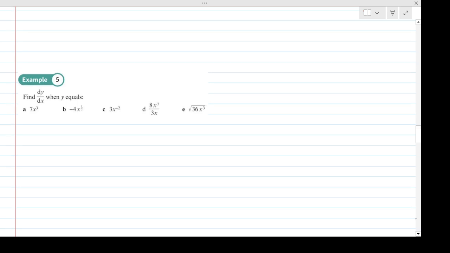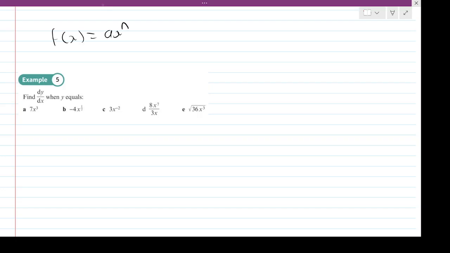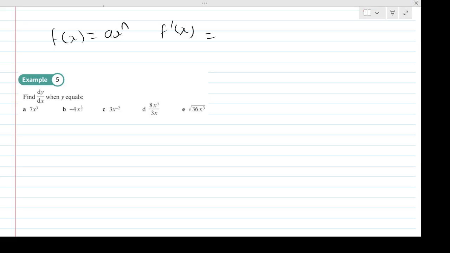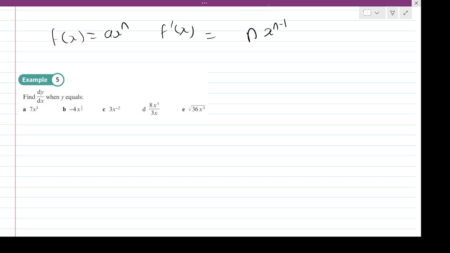Now, 2 things to note. First of all, if we have a coefficient, a number in front, so if f of x equals ax to the n, so if we have a coefficient, a number a in front of my x to the power of n, we can basically just ignore it. So if we differentiate in the normal way, we would again bring the power to the front, so it's going to be n, x to the n minus 1, and then the a at the end.